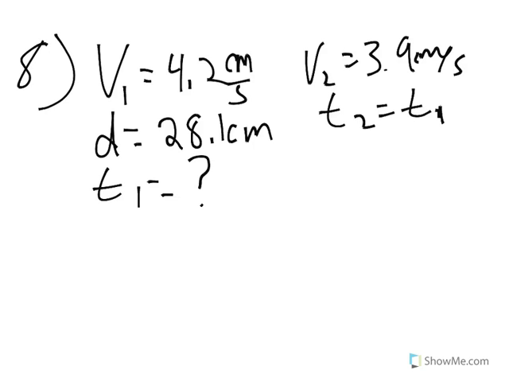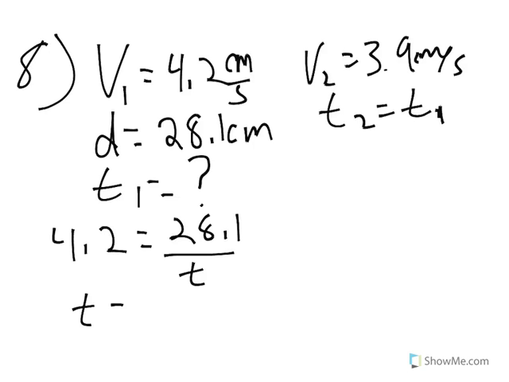So we need to figure out what this time is. V is equal to d over t, so 4.2 equals 28.1 over t, and then solve for t, and you get t is equal to 6.7 seconds. So once you get that, you know this is the time for t2.